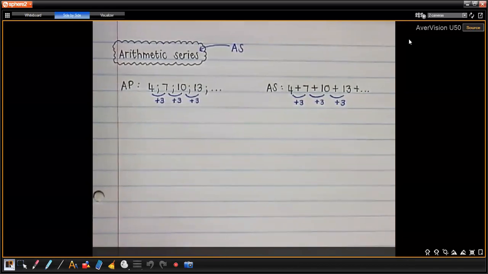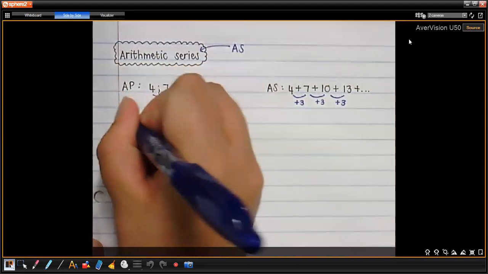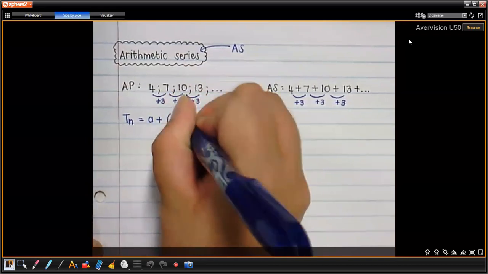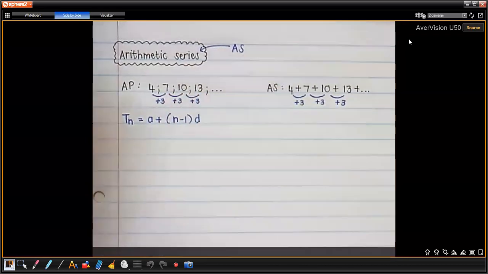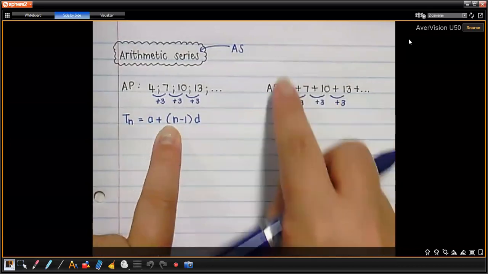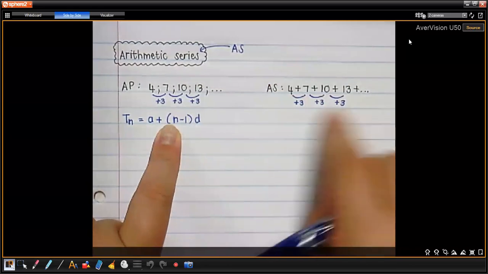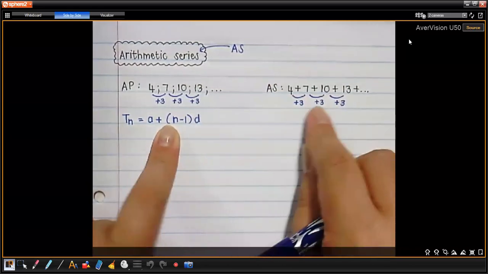Now with an AP, when it was just the list, it was just the number pattern listed. We only worked with the formula Tn equals a plus n minus 1b, and that would give us the value of a specific term in the number pattern. Now even though it's a series, we still have the same thing. We still have a G value, we are still adding 3.